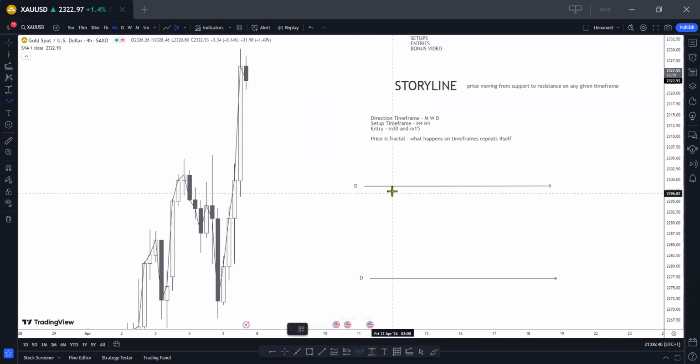So if price gets to a daily resistance, for example, storyline means that price will go from this daily resistance to a daily support to complete the story. Okay, all right. So you can have something like this, trying to simulate a proper one.